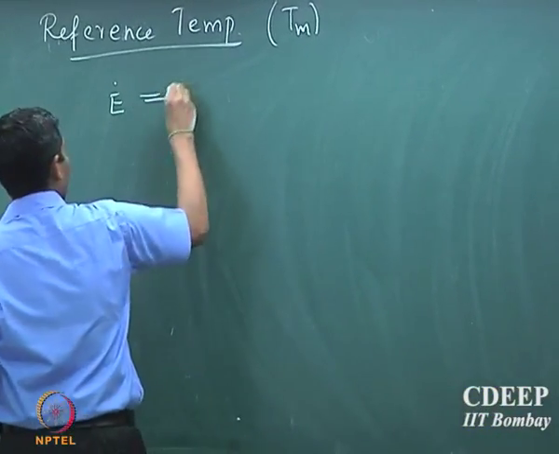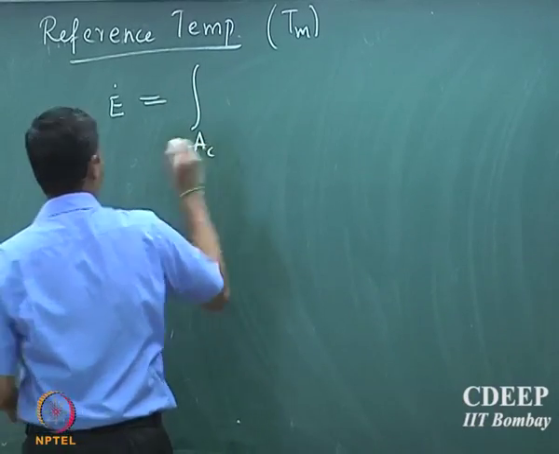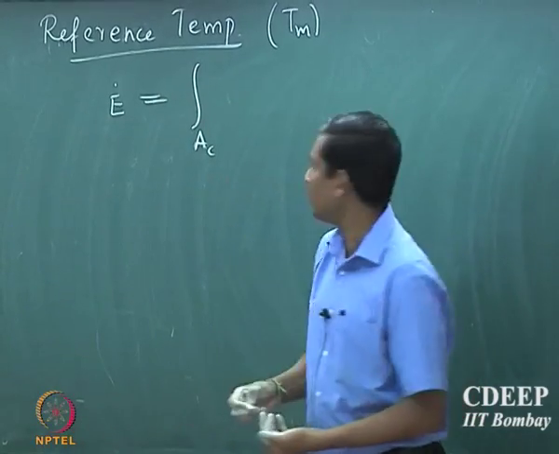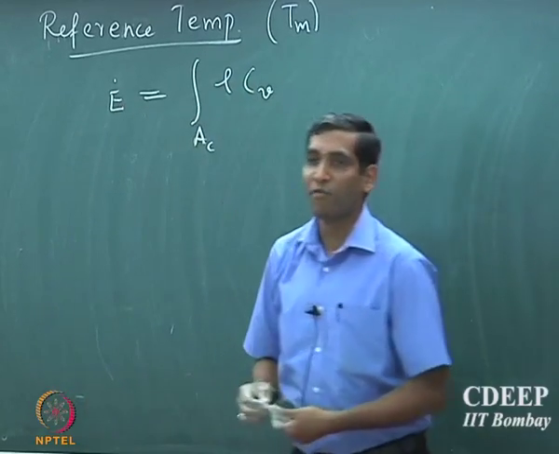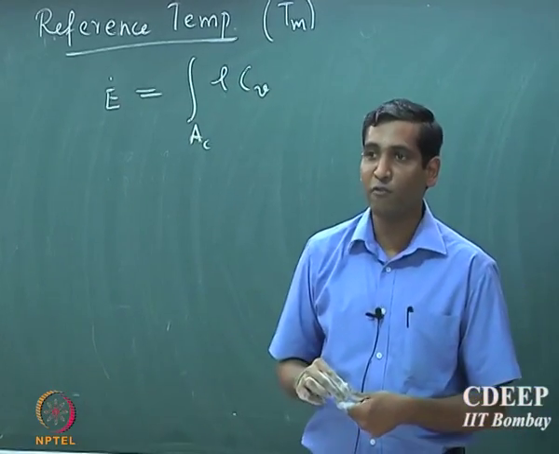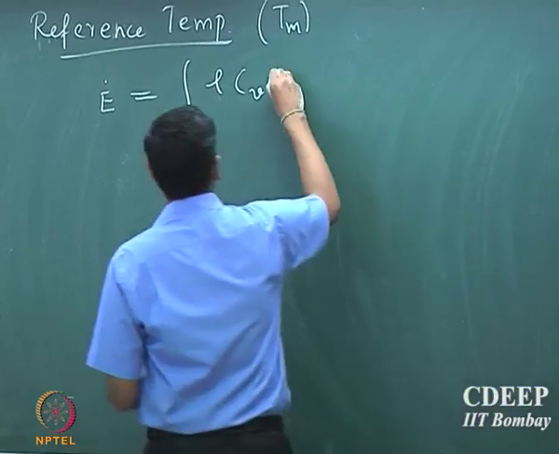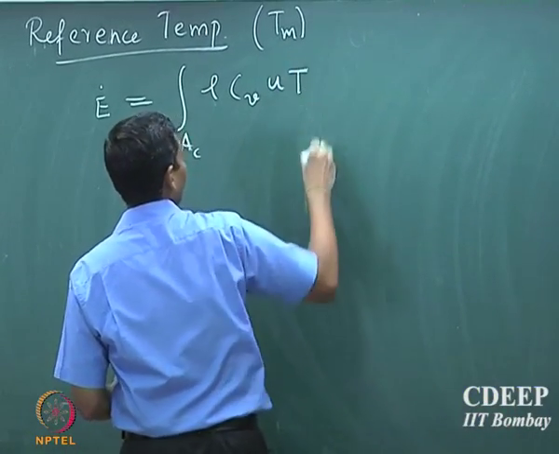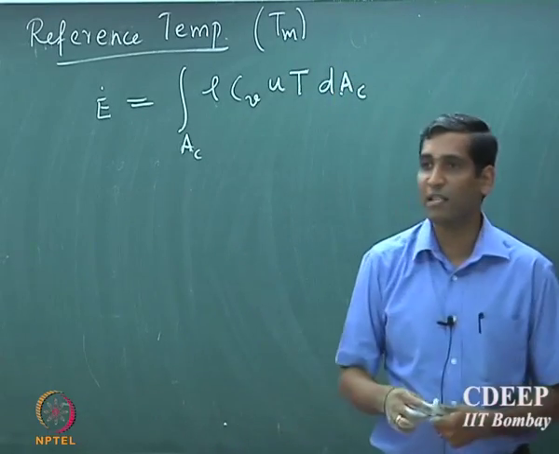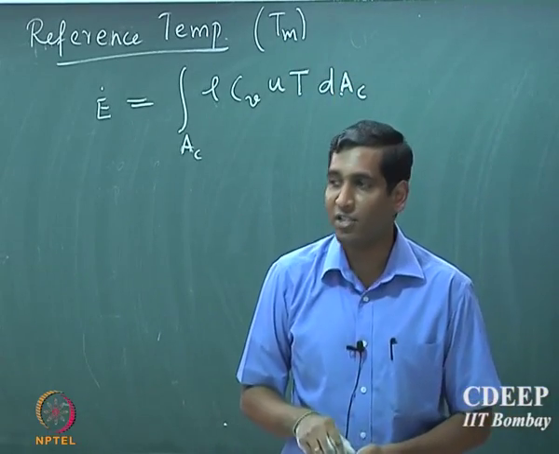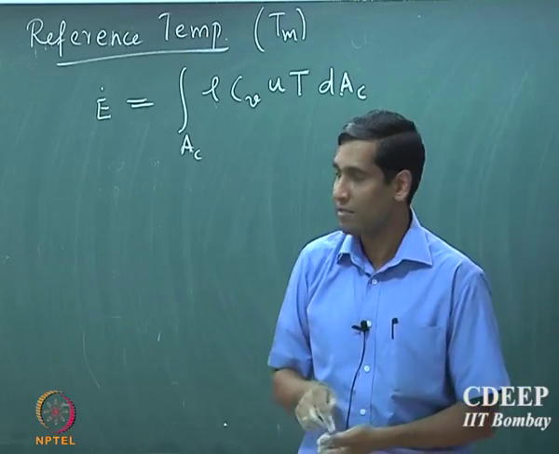The internal energy at any location is given by the integral over the cross section of rho times the internal capacity of the fluid, which is rho Cv multiplied by u into T into dAc, right. So that is the internal energy that is actually being transported.